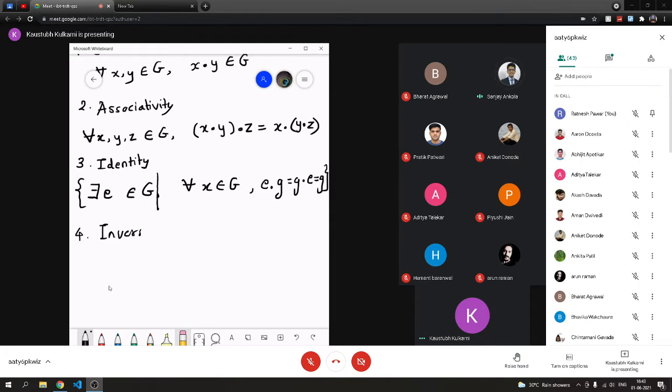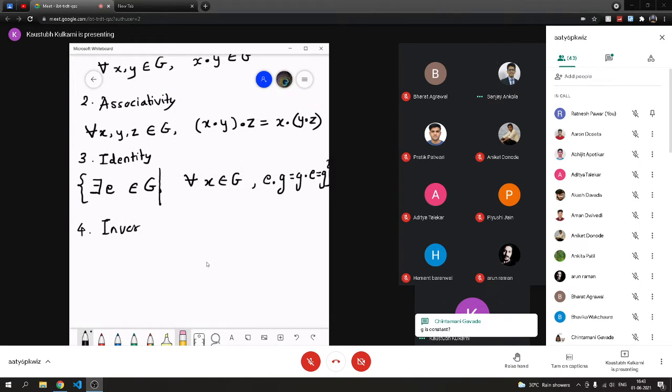Excuse me, sir. Just a small question. In the third one, that E dot g, is it capital G or small g? Small g. And is it different from the earlier G, which you have mentioned over here, for all x belongs to G? Okay, I got it. Here I should not have used g, it makes it confusing because I have used x over here. Thank you for pointing that out.